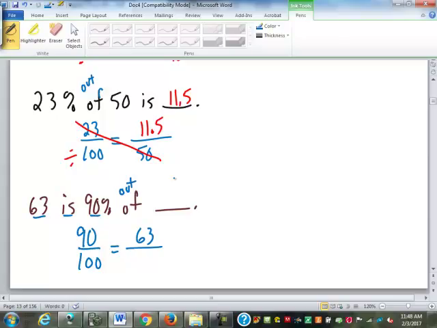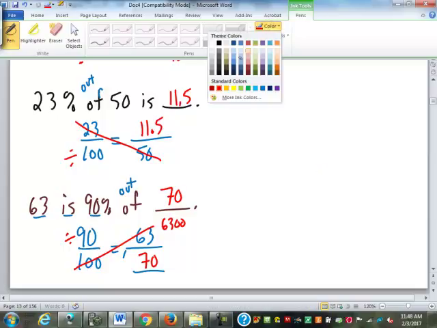Again, if I read that as out of blank, it implies that missing number goes on bottom. So now we will cross multiply and divide. Notice we're cross multiplying a different direction now because this is the diagonal that has both numbers. 100 times 63 is 6,300. We divide by the 90, gives us 70. So 63 is 90% of 70.